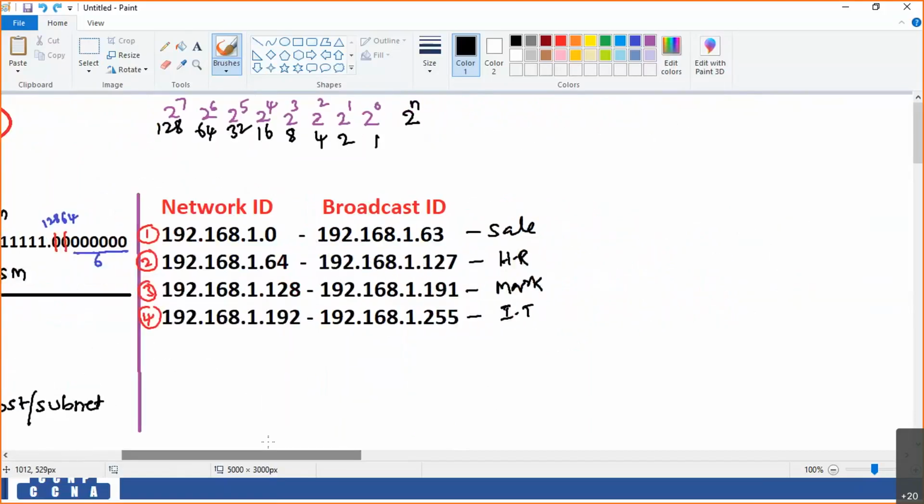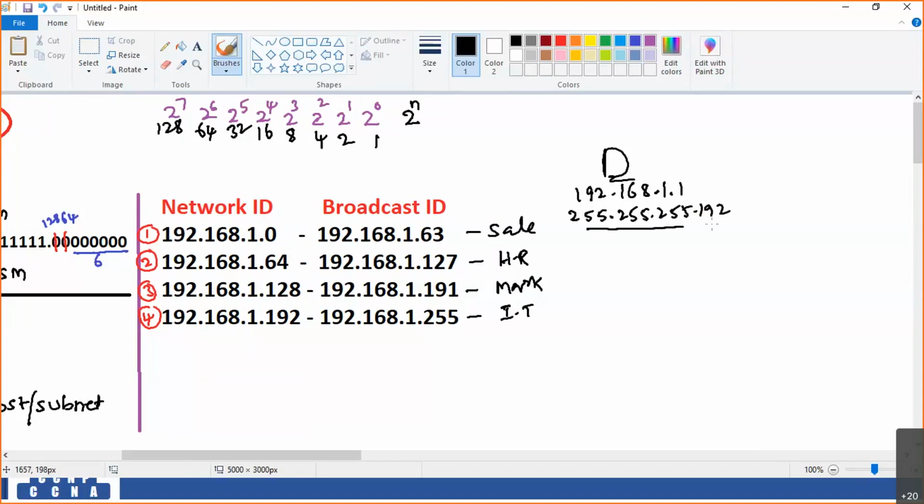Like the sales department, first computer, IP address 192.168.1.1 is assigned. Subnet mask is what now? 255.255.255.192 is the subnet mask here.